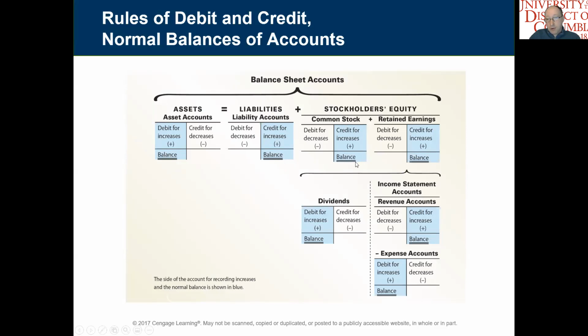And in stockholders' equity, I normally have a credit balance. Retained earnings, I normally have a credit balance. And breaking it out by dividends, I normally have a debit balance for dividends. On our income statement, for revenue, I normally have a credit balance. And expenses, I normally have a debit balance.